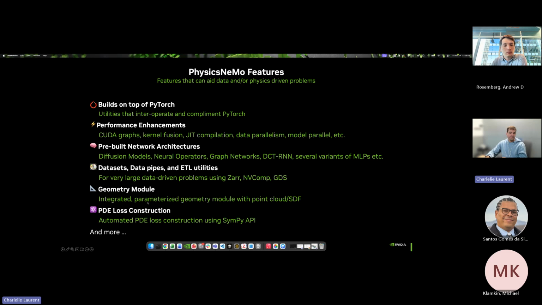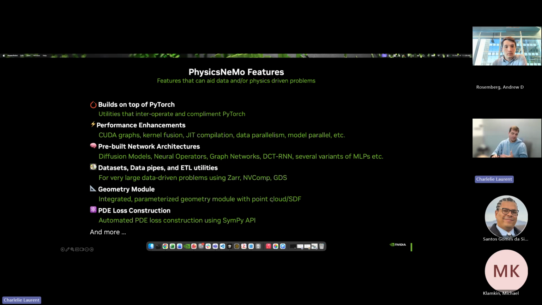Then we have a lower level geometry module, because one of our main targets is complex geometries, and many of the models you see there have very specific operations to handle complex geometries. For this, we have the geometry module with utilities like SDF, signed distance function. I think we have a marching cubes algorithm, and some modules to handle point clouds to get the nearest neighbor.